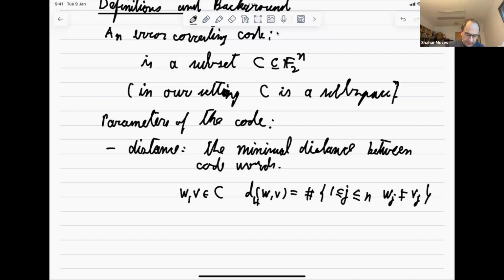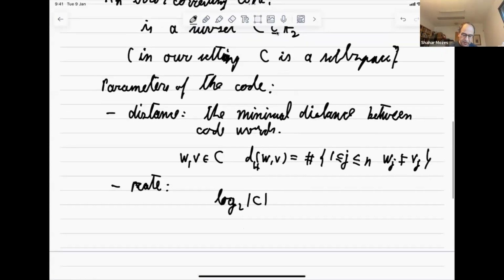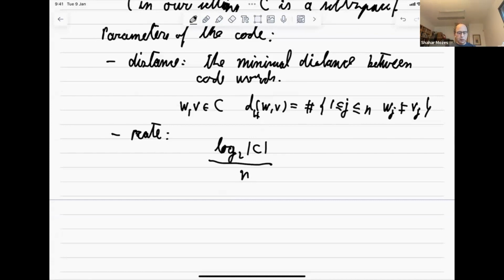And the other thing is the rate. The rate measures how many code words there are, and it's convenient to look at the log of the number of code words. In the linear case it's just the dimension of the subspace divided by n. The idea is that you want to be able to send lots of messages, so you want the rate to be high, but you want the distance to be large too.